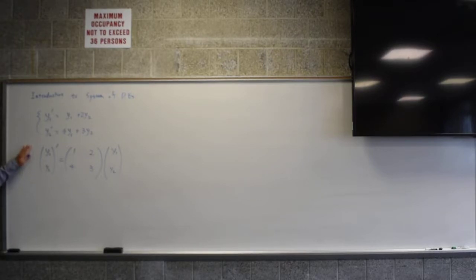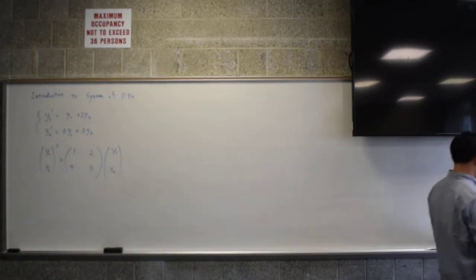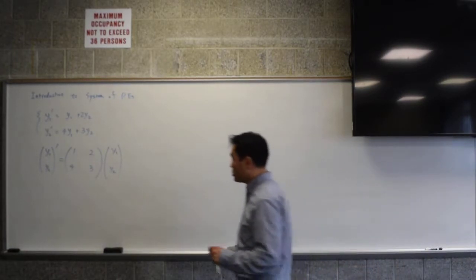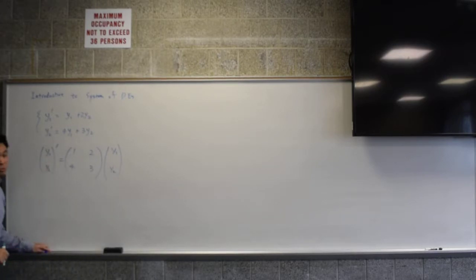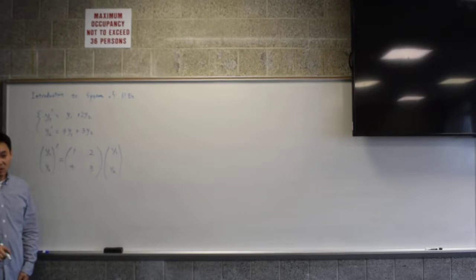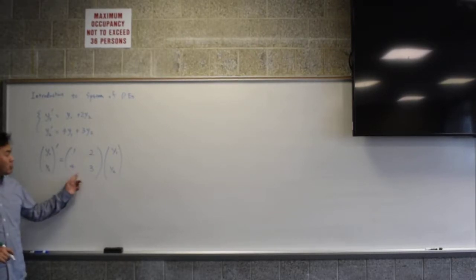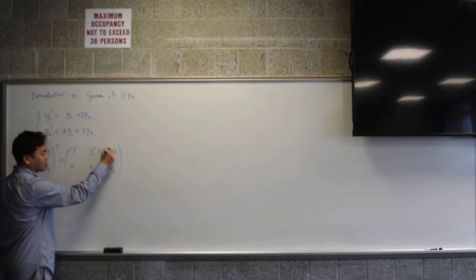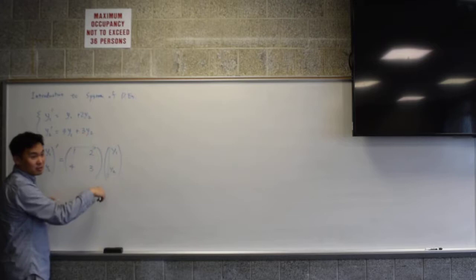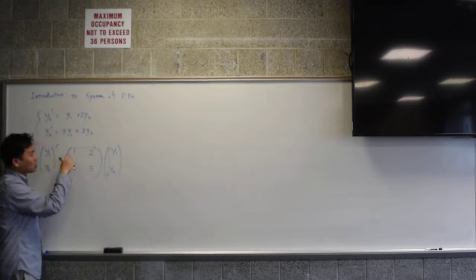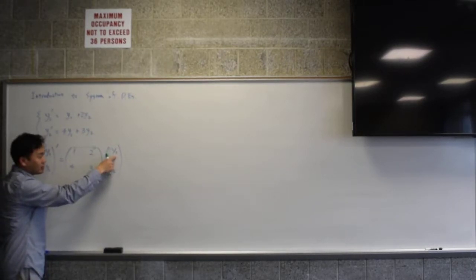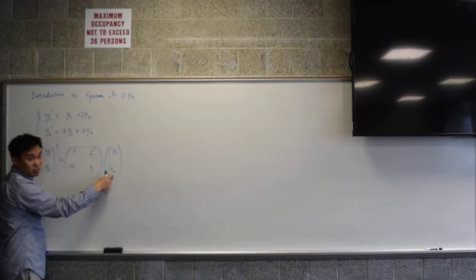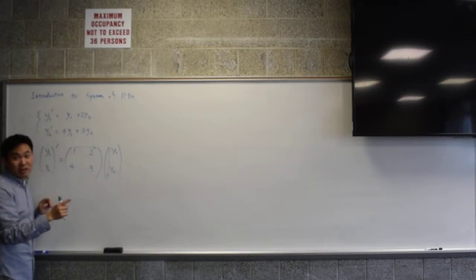Now, why is this the same as this? I have to explain before I do anything else. Let me give you a quick review of how to multiply matrices. You learned how to multiply matrices in Calculus 3. You go across and down, doing dot products. So 1 gets multiplied to y1, 2 gets multiplied to y2, and you add them, just like dot products.